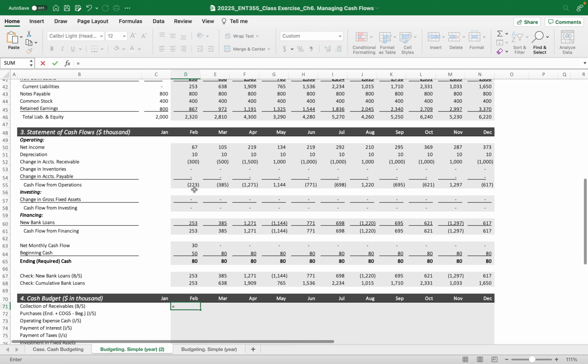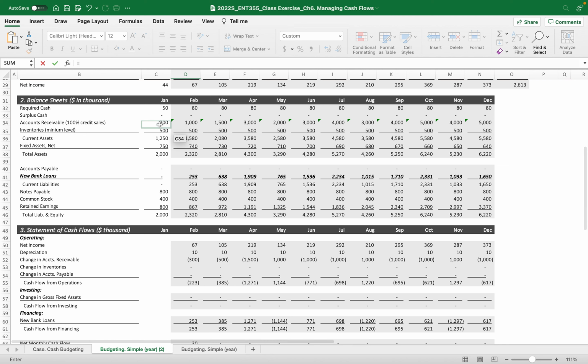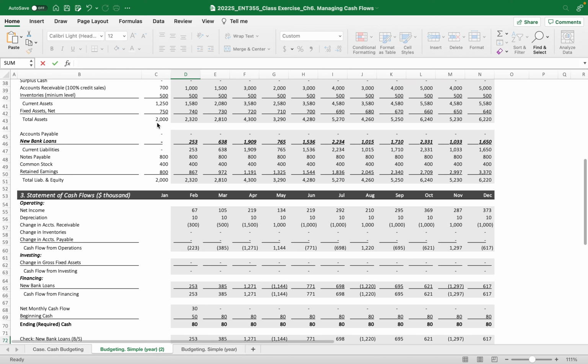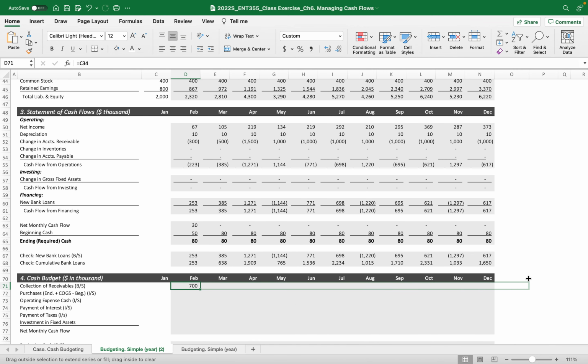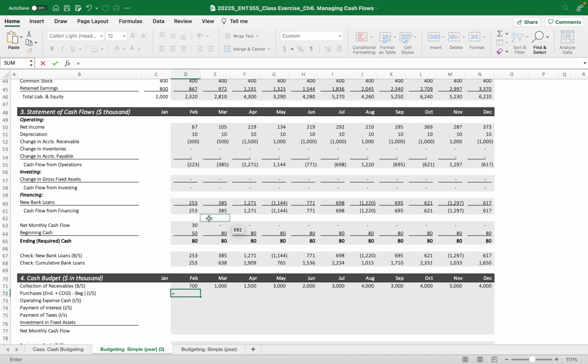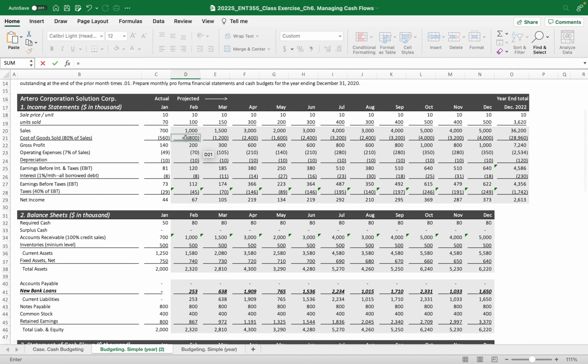So the collection here is the accounts receivable of 700 from the prior month. Let's drag it to the right side. So we collected all the accounts receivable of the prior month. The purchase is, again, the ending and beginning inventory are the same, so the cost of goods sold is the purchase in this case.